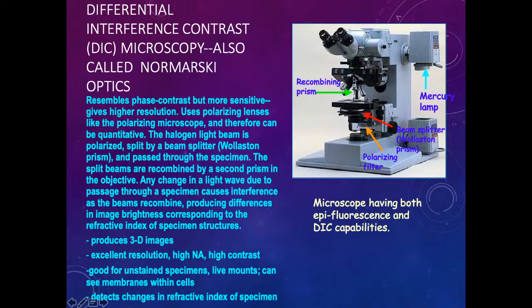Many new things are added into this microscope, and so this microscope actually has the capability of both epifluorescence and DIC. So both are possible within this microscope. As technology develops, people tend to bring all the latest technology and add it into one thing only.